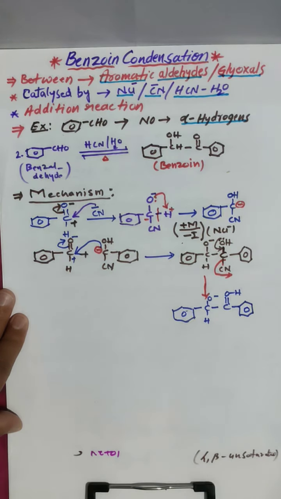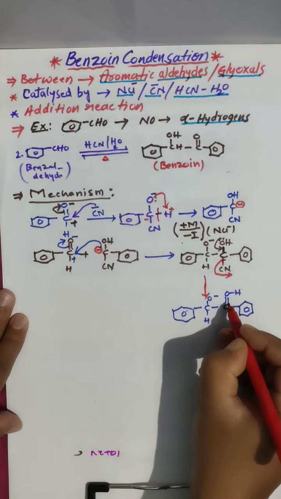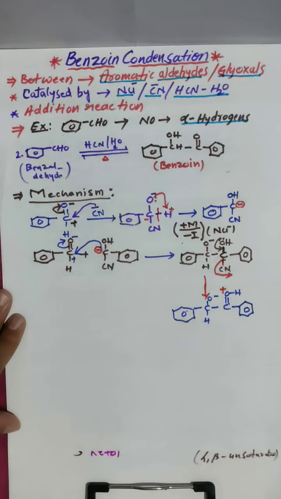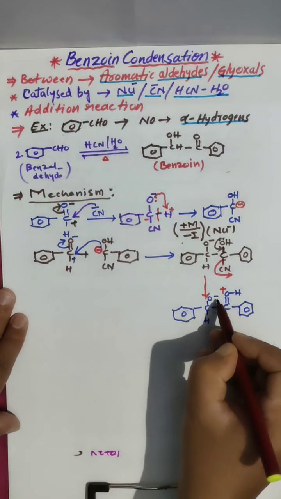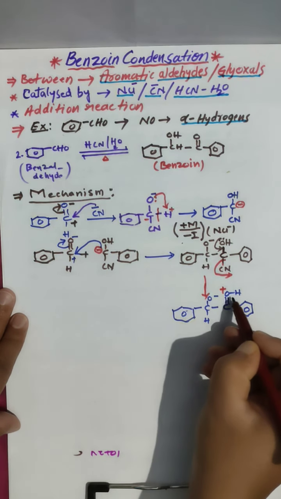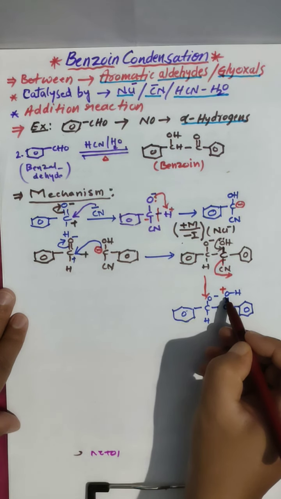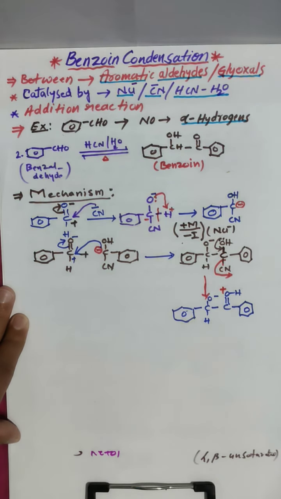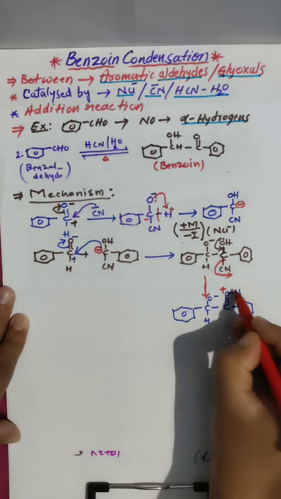Clear? Now because of giving a lone pair by oxygen, it will get a positive charge. When it gets a positive charge, it is unstable. That's why this bond is going to break.